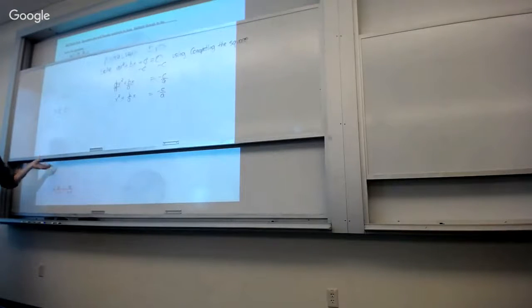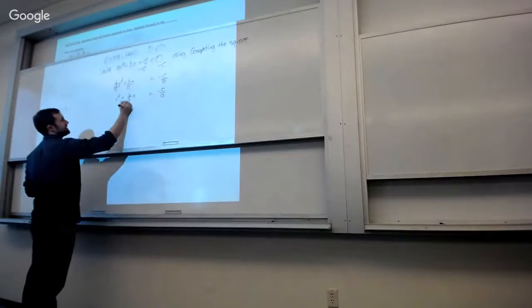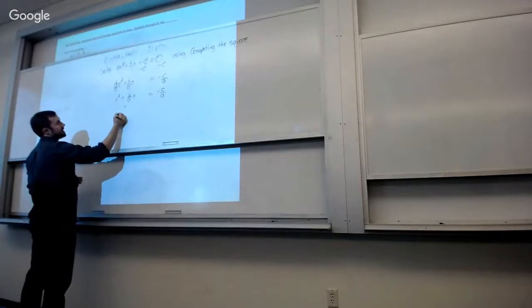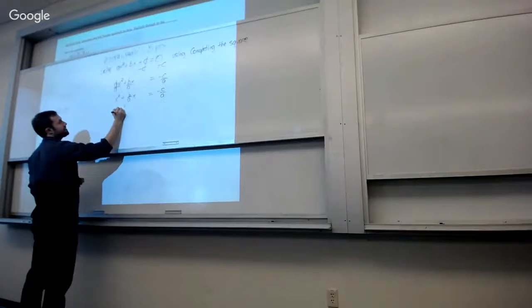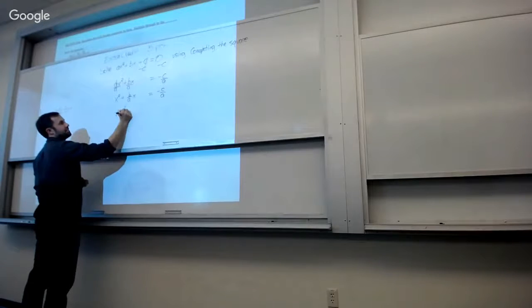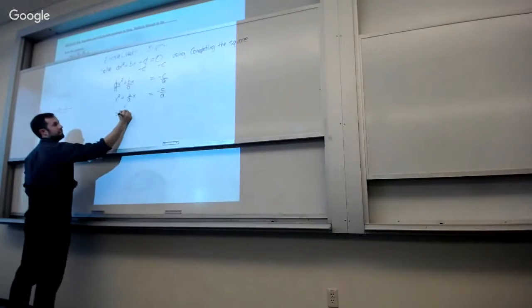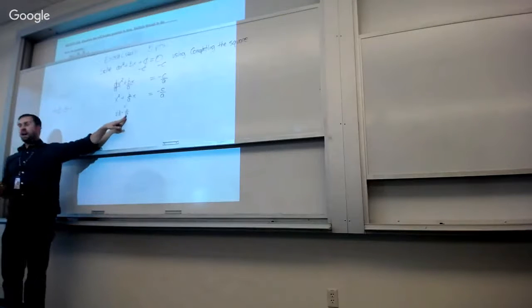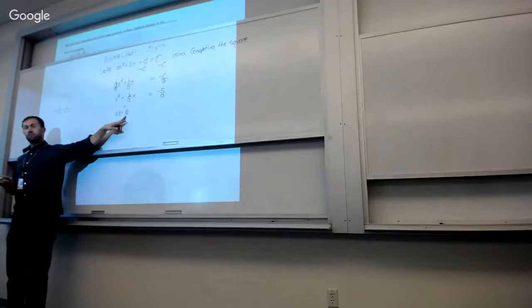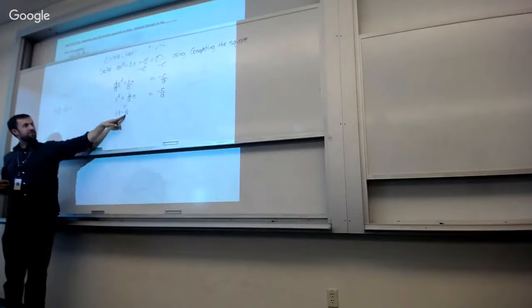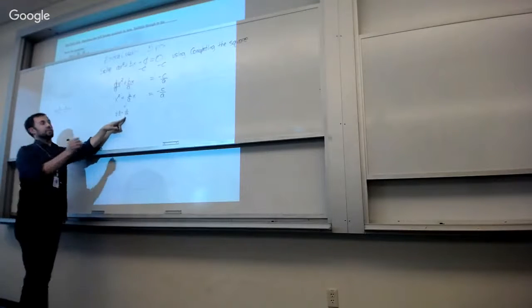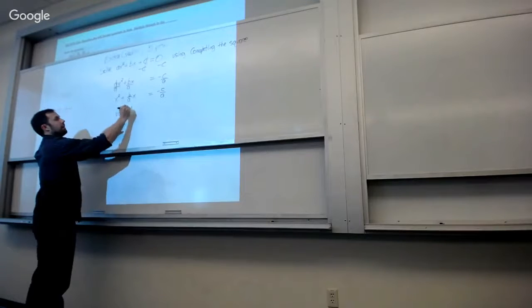Okay, what's the next part? What's the classic thing that we do? We take the middle term and divide it by 2. So what's 1/2 of b over a? b over 2a, right? Isn't that half of b over a? Is everyone in agreement? Okay, so you take half of the middle term and then you square it.